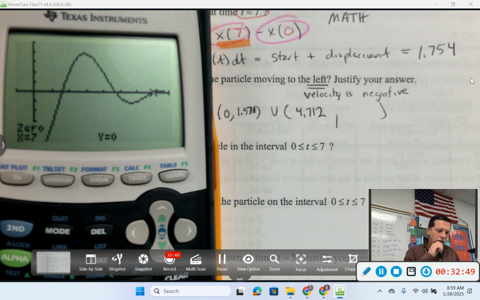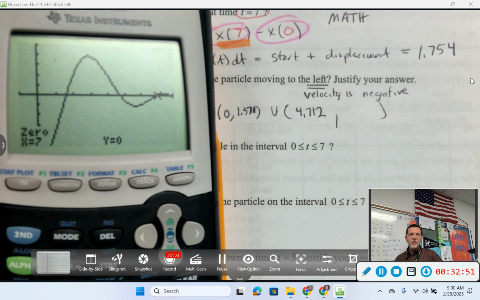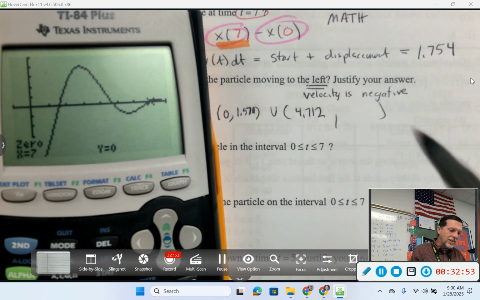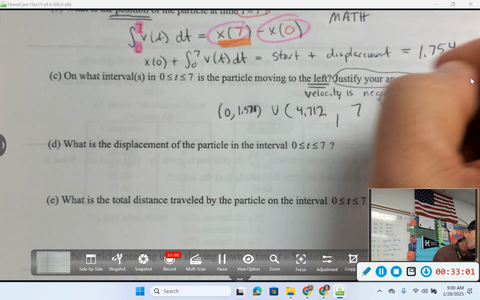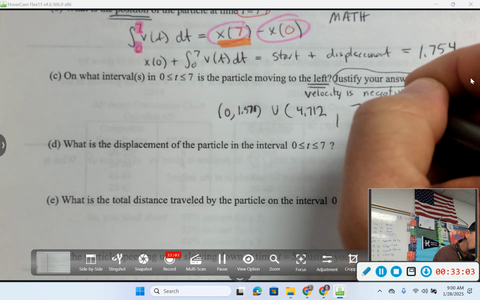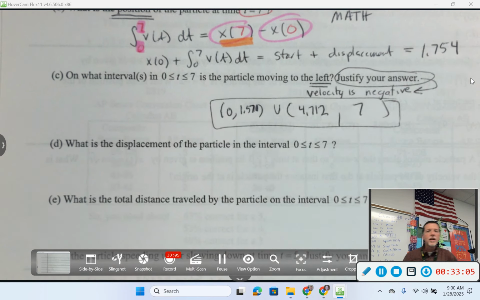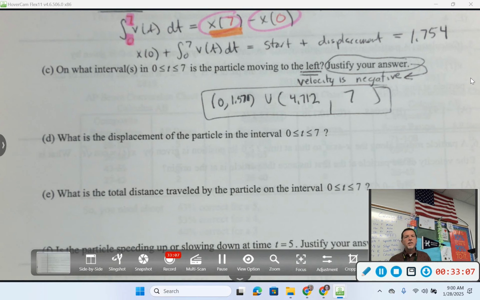I do need to be careful because this experiment only goes to 7, so that makes sense that's why it goes to 7. I'm going to stop there. And that's my justify. Justify your answer is, well, where is the velocity negative? Right there.